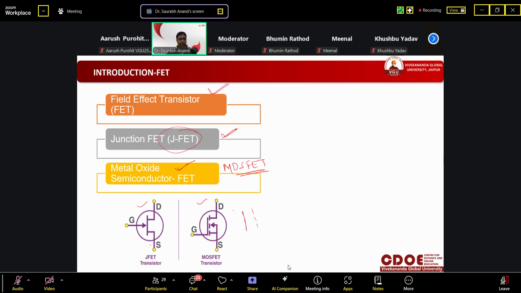Can you tell me which type of JFET it is? Here it is not written N channel or P channel JFET, it is only JFET transistor. But now you have understood in which type of JFET the arrow is inside. Can you tell me?